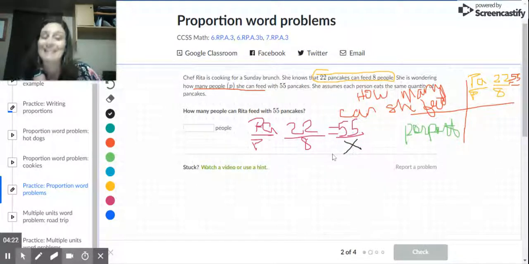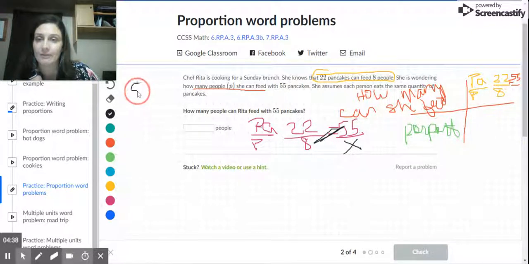So again, it does not matter if you start at my lonely number, which is 55, or if you start and you find the variable, hop across to the 8 and then multiply, because you're multiplying diagonally the same 2 numbers. So I'm going to come over here, 55 times the 8.